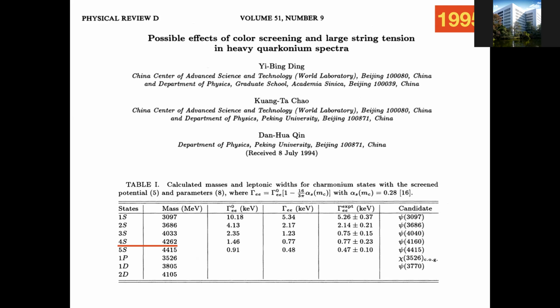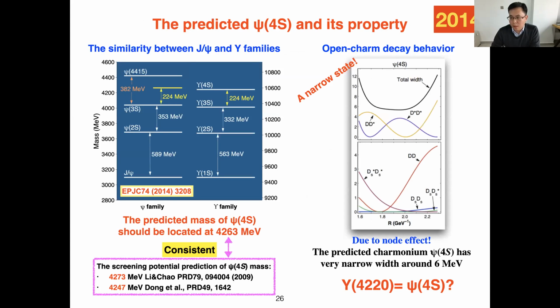I want to emphasize this point. In 2014, we also studied this problem. If you check the charmonium family and the Upsilon family, we can find the similarity between the J/psi and the Upsilon family.